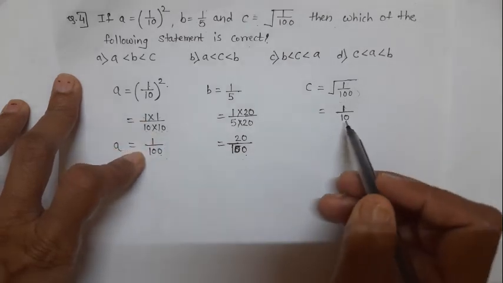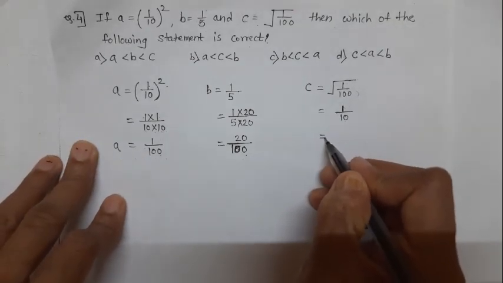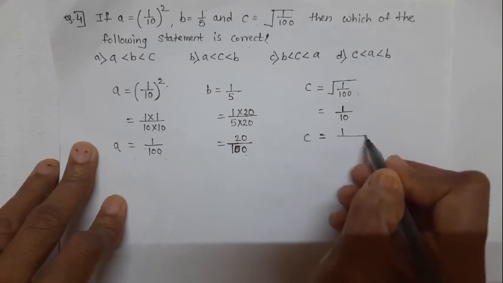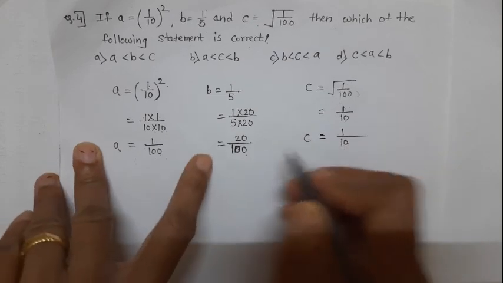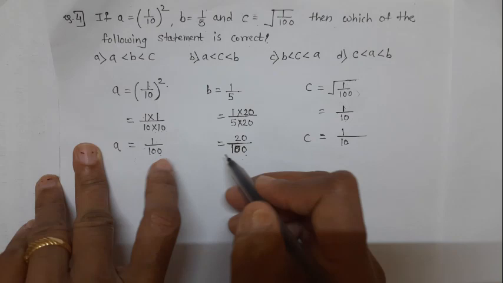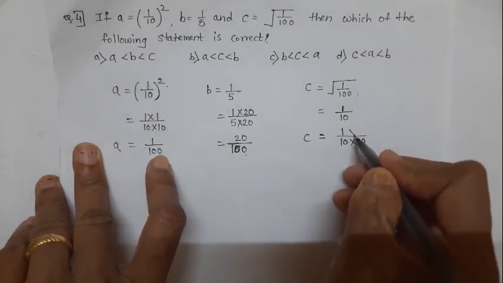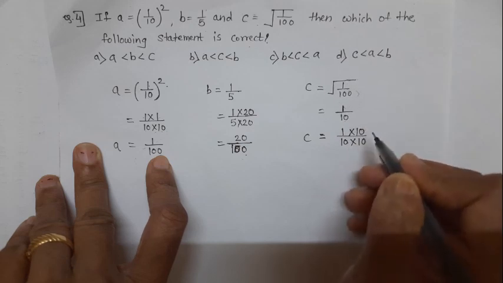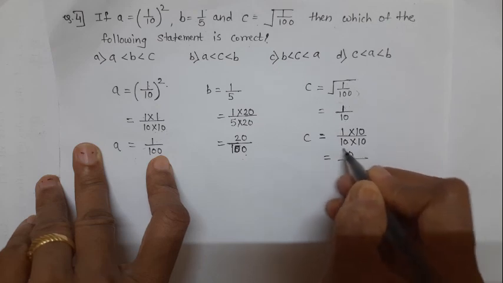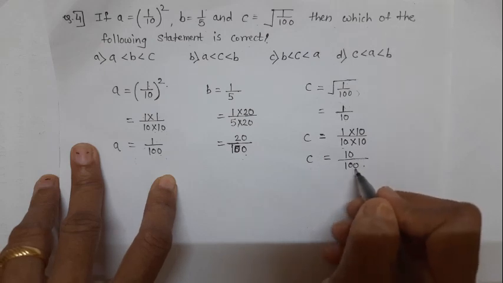So now C is equal to 1 upon 10. We need to make the denominator the same, 100, so we multiply by 10 for the denominator and the same way for the numerator also. 10 ones are 10, 10 tens are 100. So C is 10 upon 100.